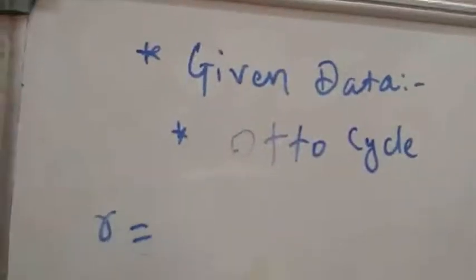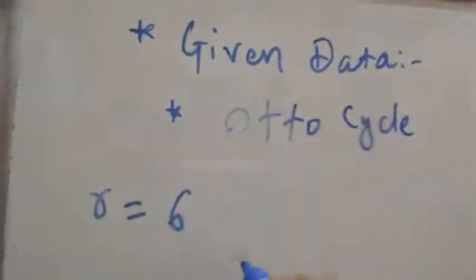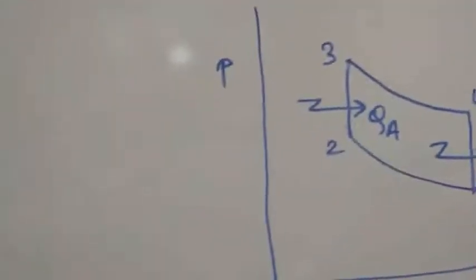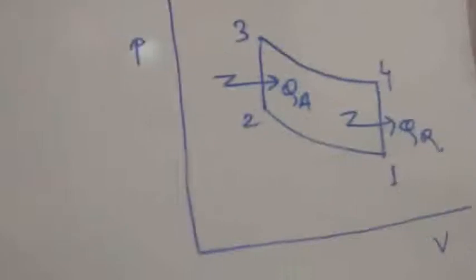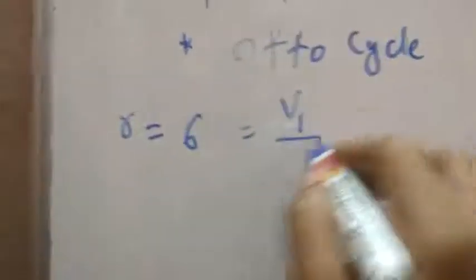Now again we'll go back to the given data and note down the data one by one. As given in the statement, a petrol engine of compression ratio 6. Here the compression ratio is given, the notation is r, equal to 6, and the compression ratio is V1 by V2, that is, total volume upon clearance volume.